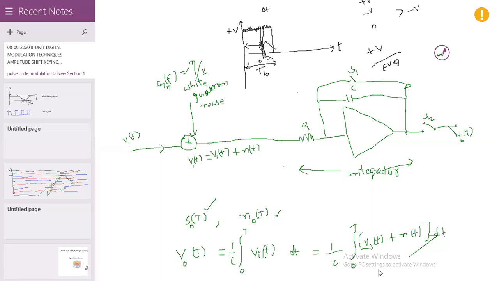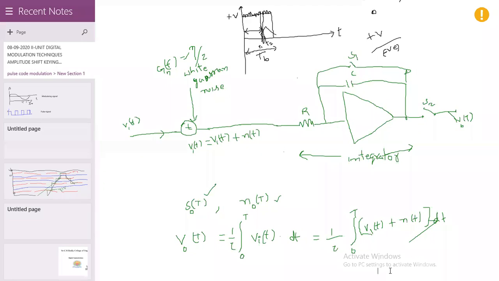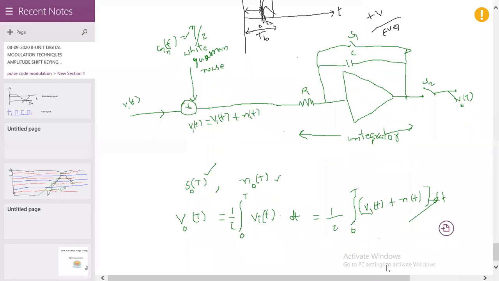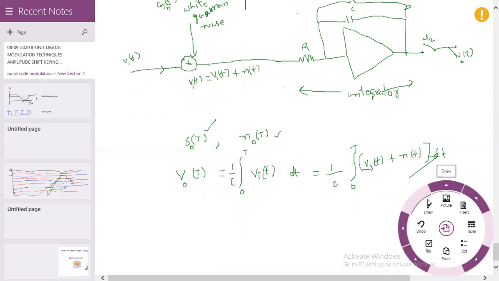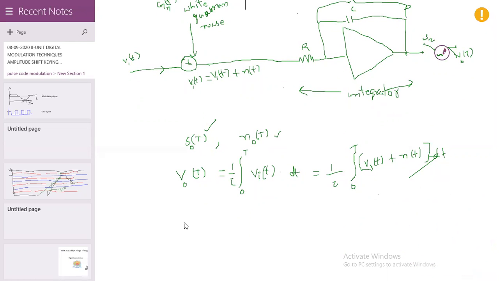Then again we can split this into the signal and noise parts. At the output of that receiver, take the signal voltage S naught of t, and then we will square it.